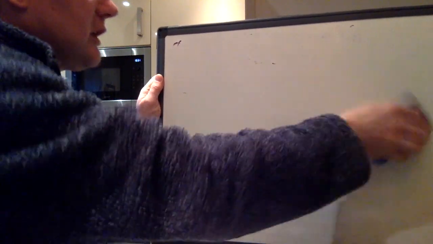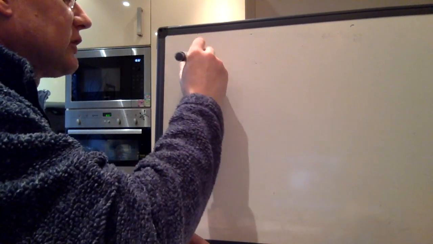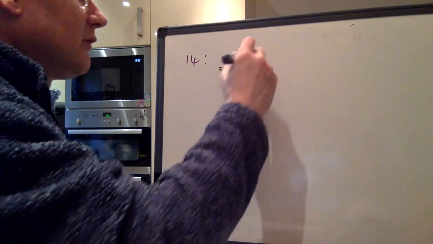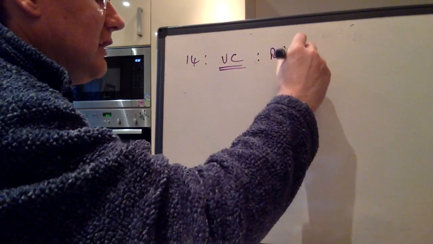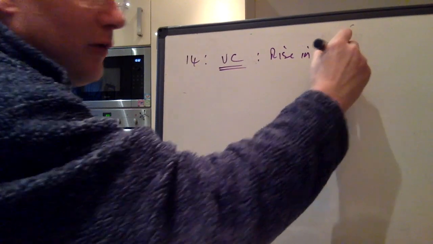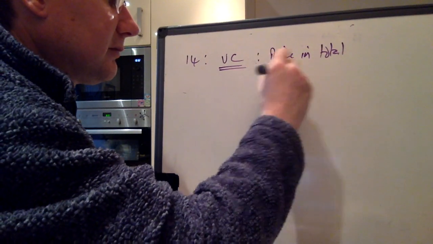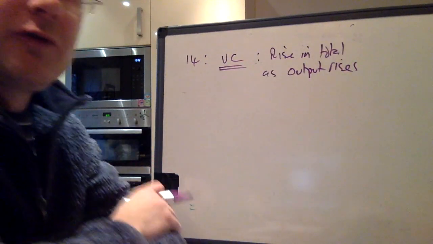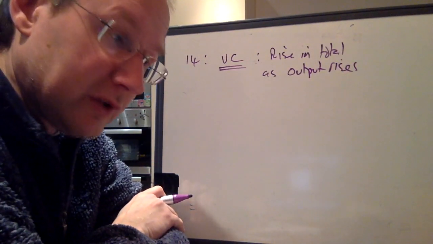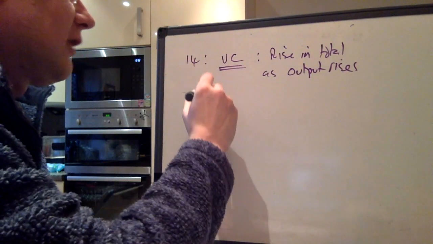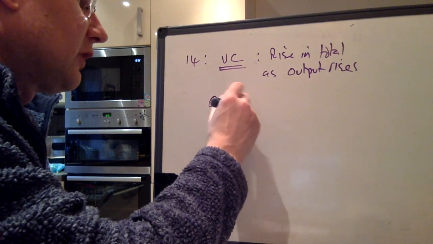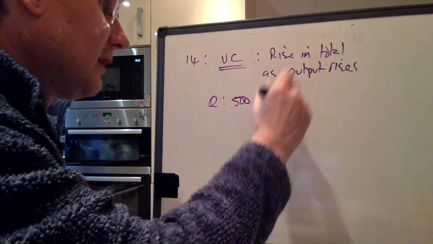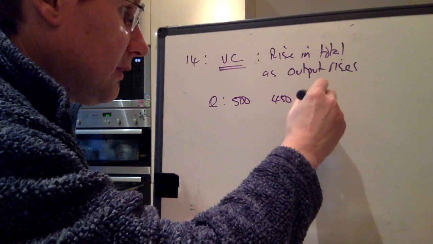14 is a more interesting question. It's again asking you about variable costs. What we know is that variable costs rise in total as output rises, but therefore they fall in total as output falls. You're told that output over 3 months goes 500, then 450, then 400.